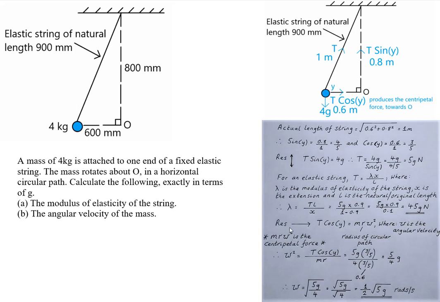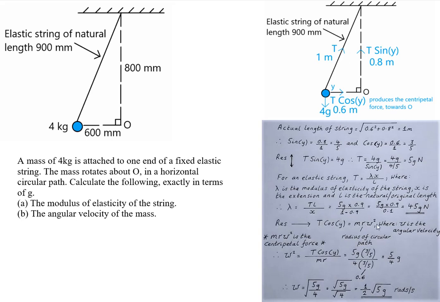Now resolving horizontally towards the centre, the force towards the centre is T cos y, and this produces the centripetal force. Now the centripetal force is given by m r omega squared, where omega is the angular velocity, and r is the radius of the circular path in meters.